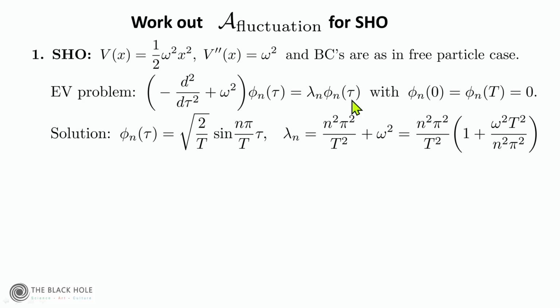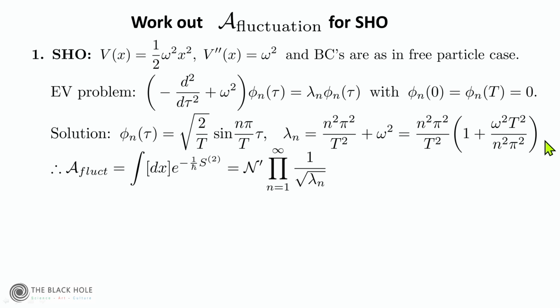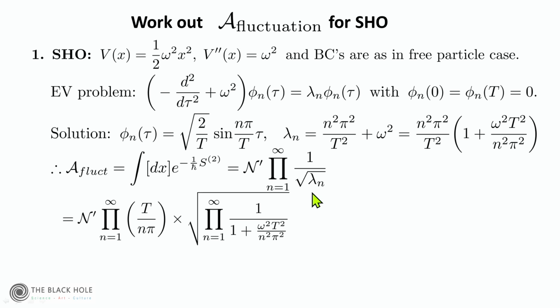So earlier we just had this for a free particle. Now we have omega squared. Well, pull this out and we get this. Okay, so now for the simple harmonic oscillator, the fluctuation factor looks very much the same as for a free particle, except that this now is a little bit different. And let's write this as two parts.